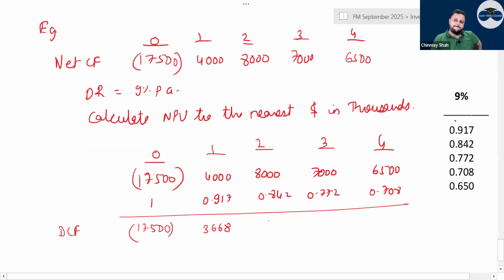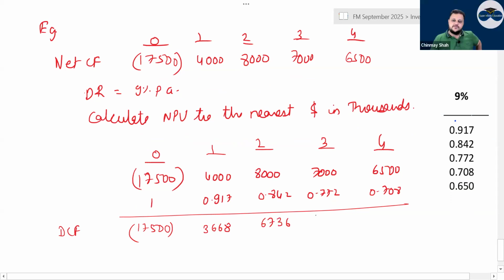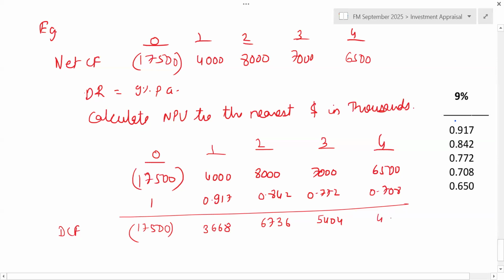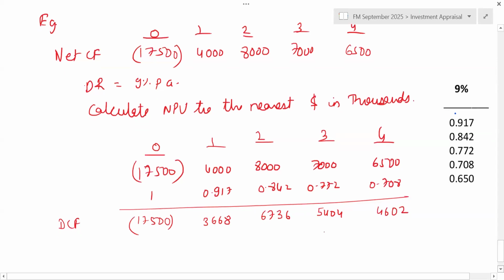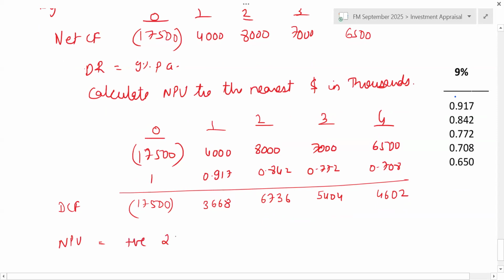Second year? 6736. Third year? 5404. Fourth year? 4602. Okay, add all of them. What is the actual NPV, positive or negative? 2910, positive.